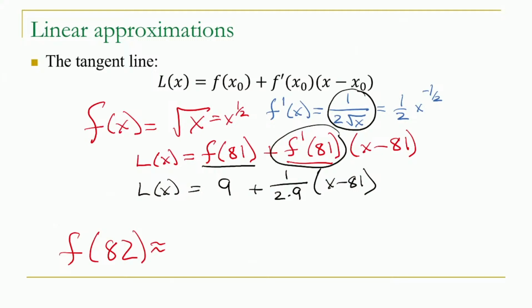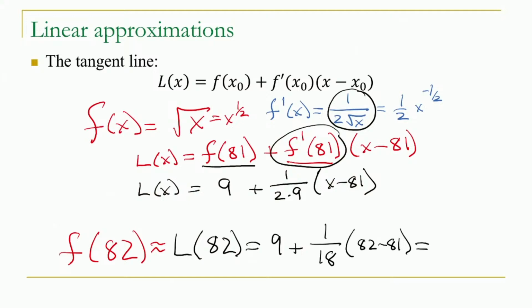And now let's use this as an approximation. So f of 82 is going to be approximately the same as L of 82, which is 9 plus 1 over 18 times 82 minus 81, which is equal to, wait, can I do this in my head? 9.0505.